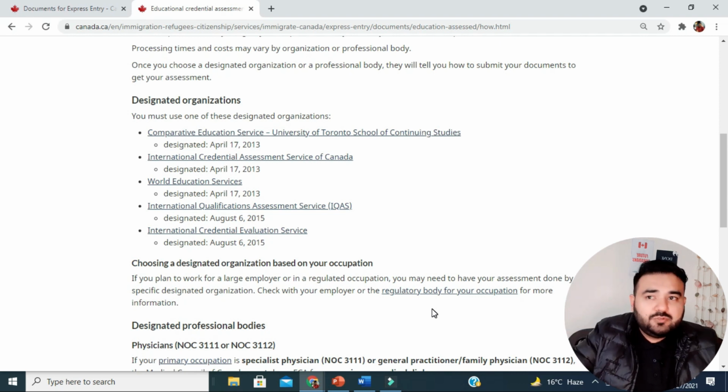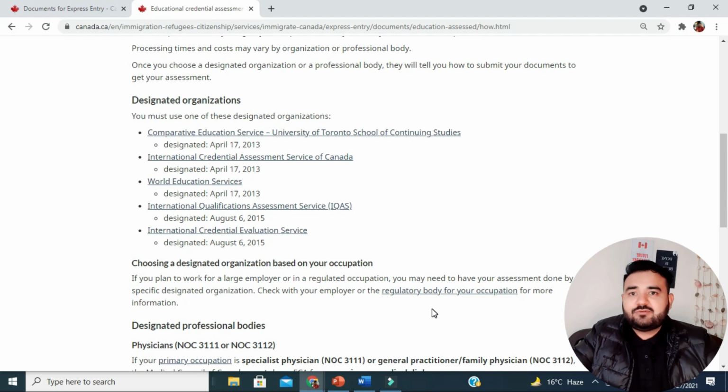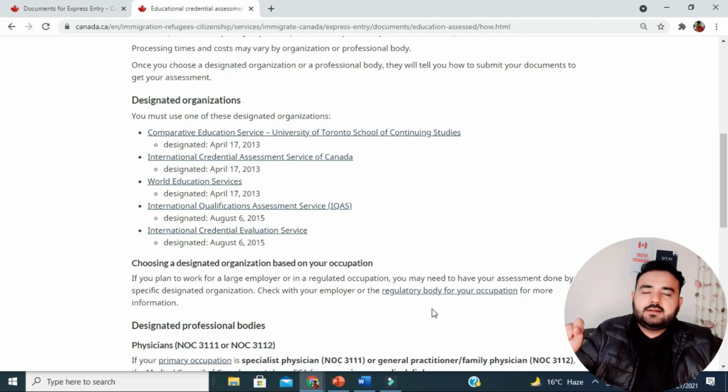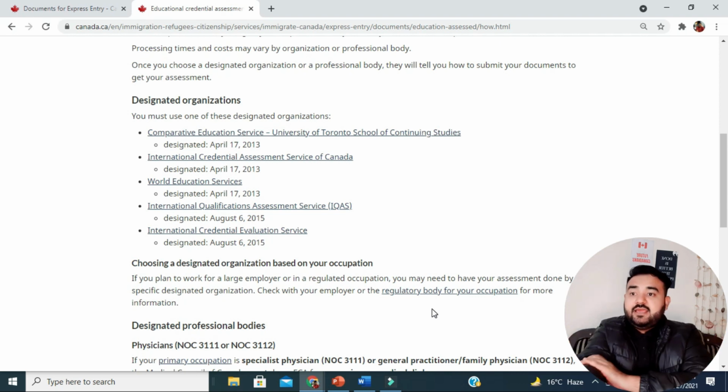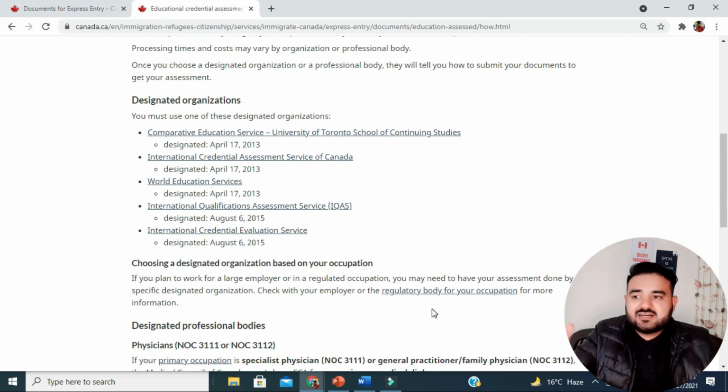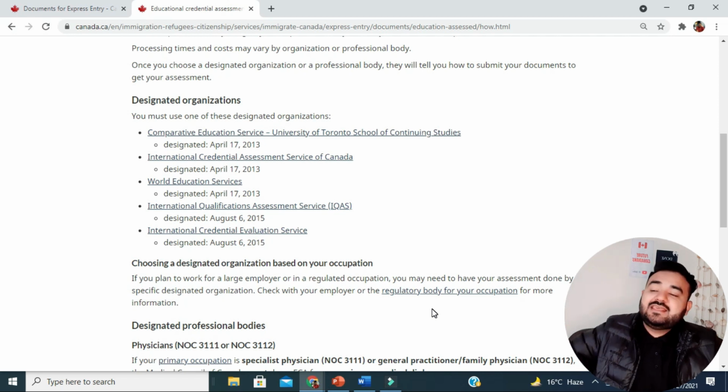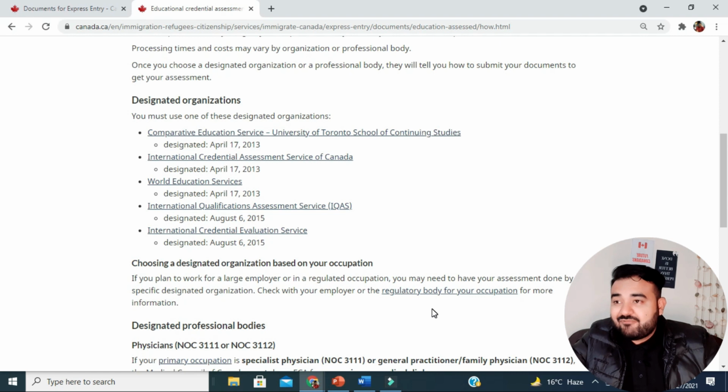If you studied in the UK, or Australia, or any of those developed countries, then WES is your best option, and those countries send those documents online. For example, if you studied at CMI, Chartered Management Institute in London, UK, you will need to pay some fee, maybe 40 pounds, 50 pounds, to your university, and they will send that transcript, or rather your degree certificate, to WES, and then WES will evaluate it.